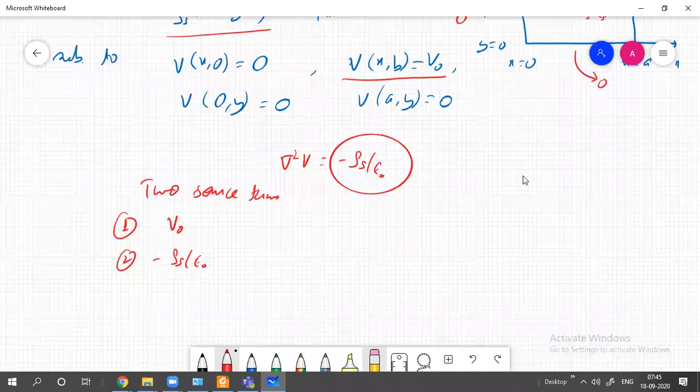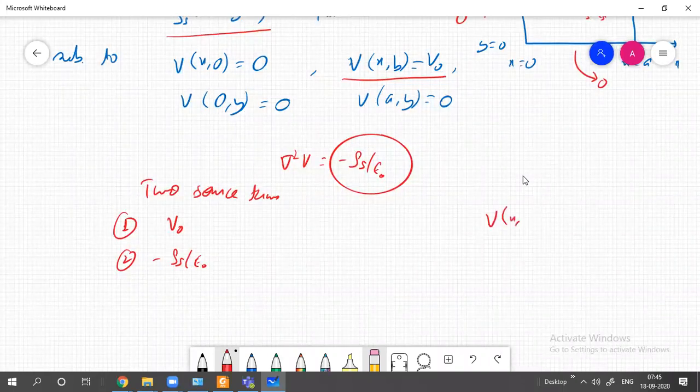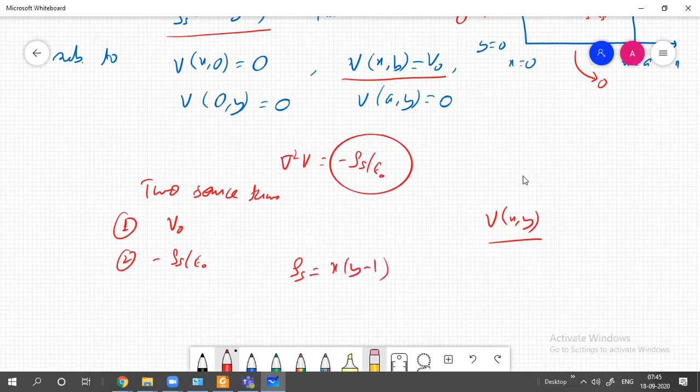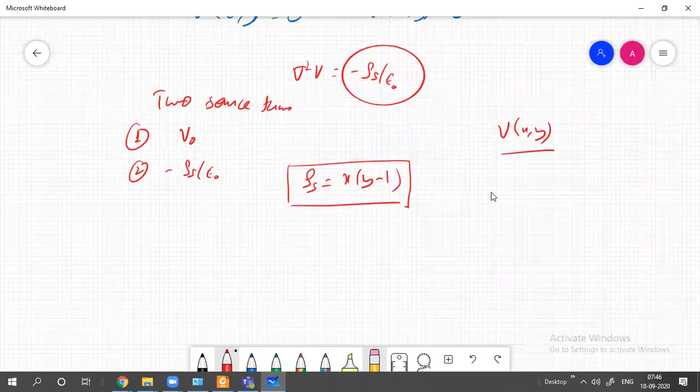So V of x, y depends upon this V naught and rho s, where rho s was x minus x into y minus 1. So how to tackle this problem? We can solve it by taking one source term at a time and apply the superposition theorem to get the entire voltage in the region.